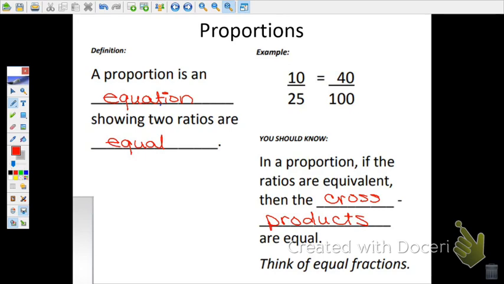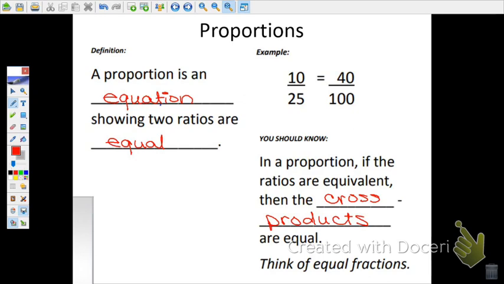In a proportion, if the ratios are equivalent, then the cross products are equal. What does the word product tell us? We're multiplying. So to make sure these 2 fractions are equivalent, we can cross multiply.